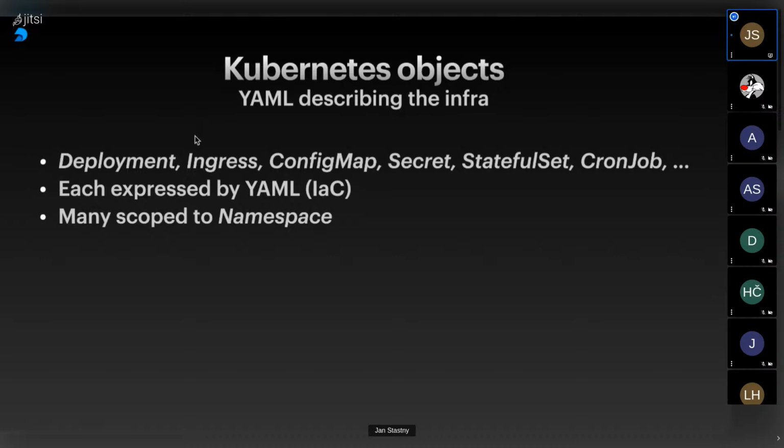Most of the Kubernetes objects, such as those listed on the top, are scoped to a namespace. The namespaces can crosstalk only under certain circumstances, and they are nicely isolated. So the decision that we made was, hey, let's create a namespace for each review app. Let's reconfigure the application inside of the namespace a bit, and let's use this.